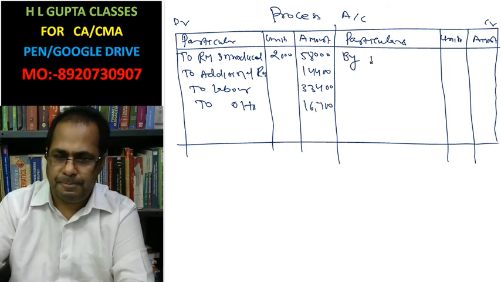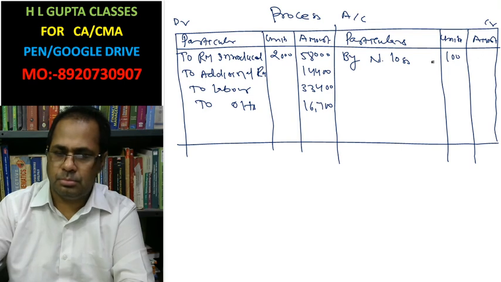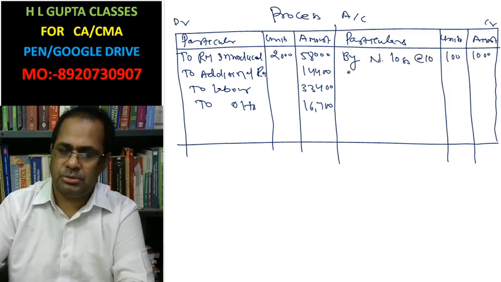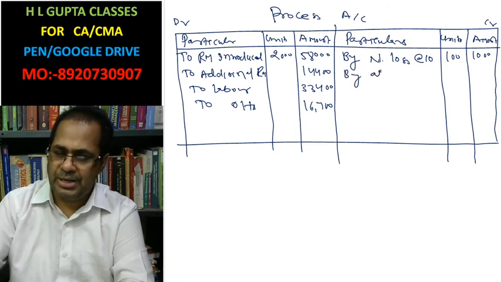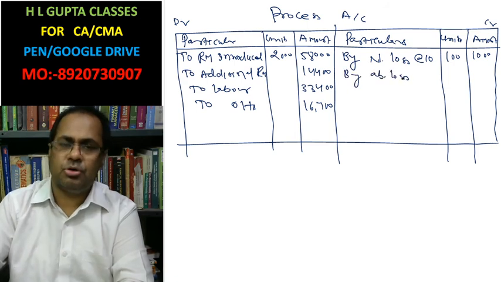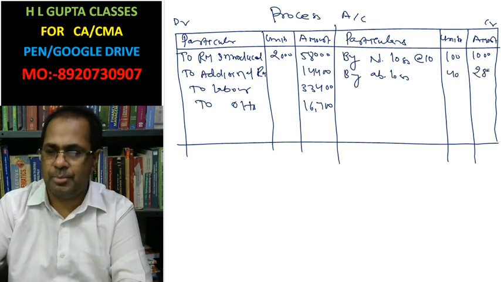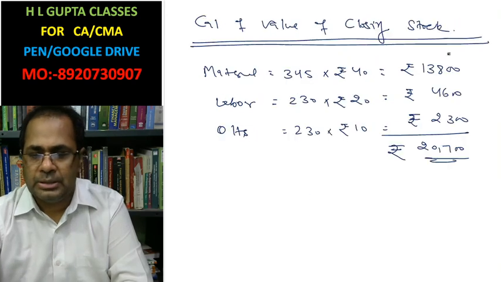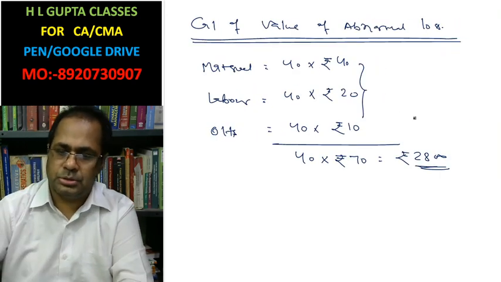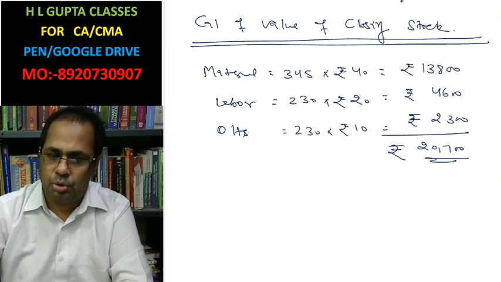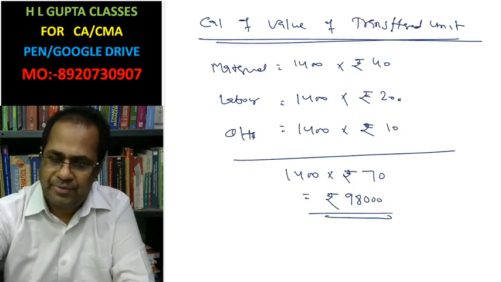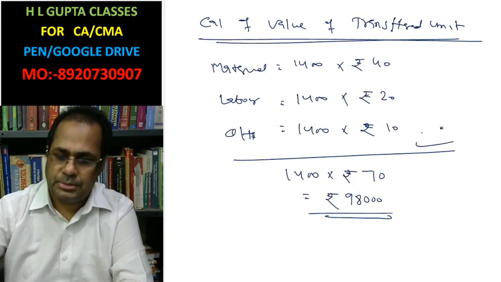By normal loss 100 at the rate of 10, 1,000. By abnormal loss, this is already given. The cost of abnormal loss 40, that is 2,800. We have already calculated here. This is the value of abnormal loss. Similarly, the value of closing stock is this, and value of transfer unit is this.